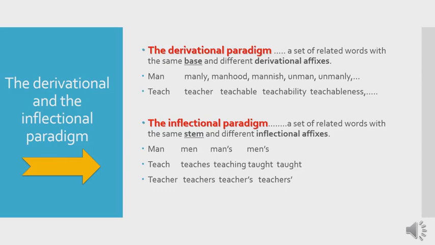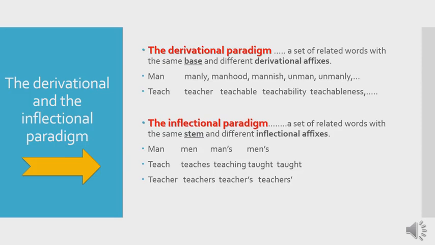Now let's consider the inflectional paradigm. The inflectional paradigm consists of related words with the same stem and different inflectional affixes. So again, we have related words, but with the same stem and different inflectional affixes. Remember the stem. The stem consists of the base or the bases with derivational affixes.